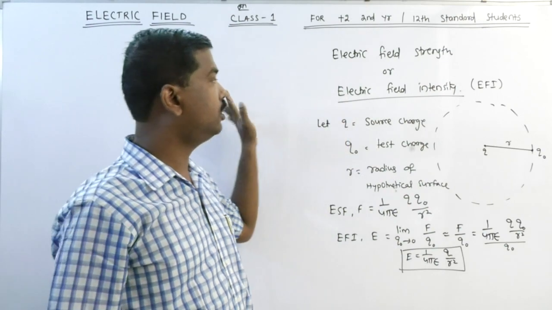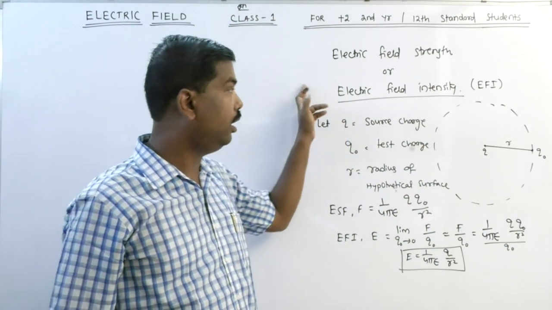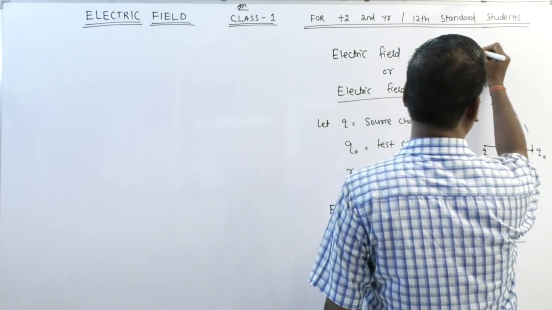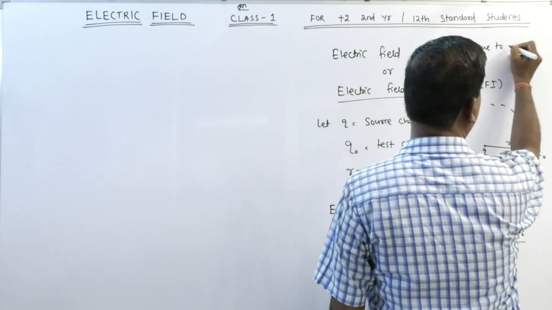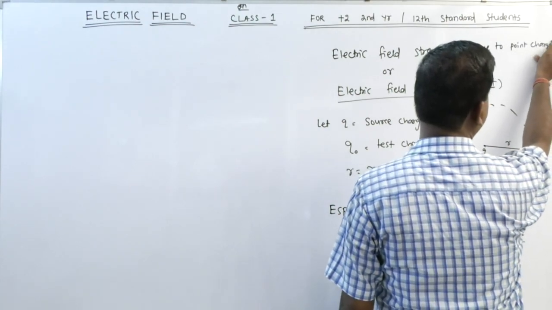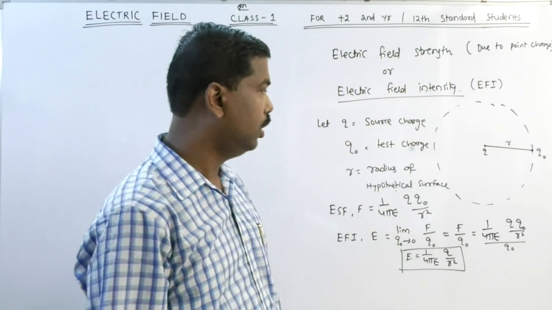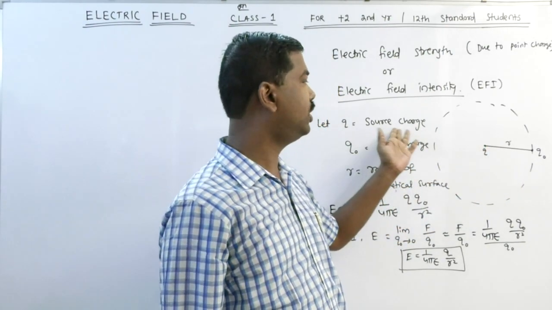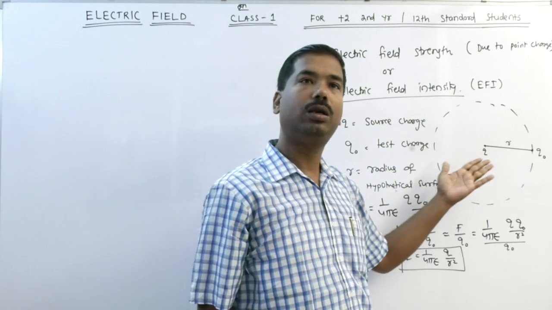So we have already discussed what is electric field and the strength of electric field, or electric field strength, due to a point charge. So I have taken a large source charge and a small test charge.